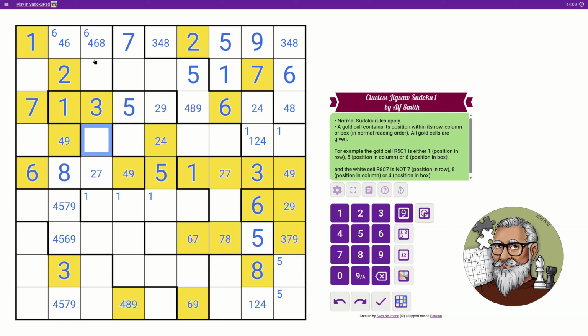So what is this? It's not 1, it's not 3. It couldn't be 4 because of its position in its column. It's not 5 or 6, it's 7 or 9. Okay, that's still a lot of options. I'm gonna keep on saying that.